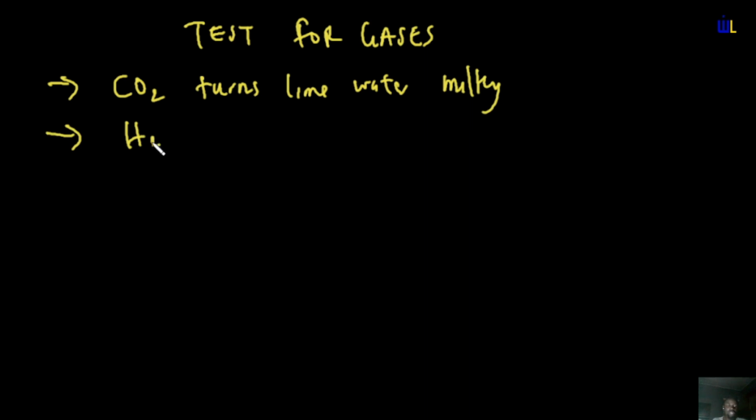Hydrogen has a characteristic pop sound. When you introduce a lighted splint to hydrogen gas, H2 gives a pop sound. When I say pop, I mean just the pop sound. So H2 gives pop sound with lighted splint.